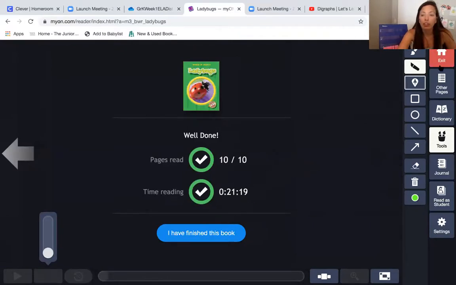All right, my friends. So that book is also the book that you are going to be reading on Friday during reading time. So today we mostly focused on those vocabulary words and what they mean.